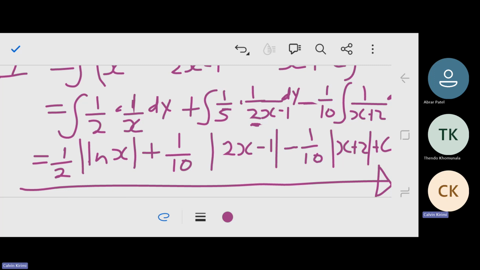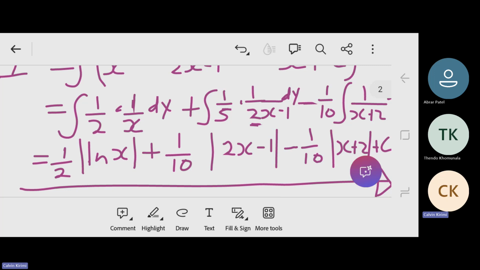I forgot the ln inside the bracket. Let me correct that answer. It's supposed to be ln inside the bracket, and I did not put the ln inside the bracket.